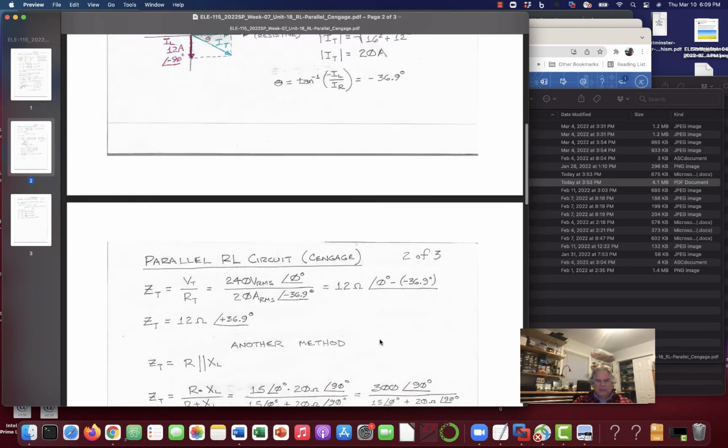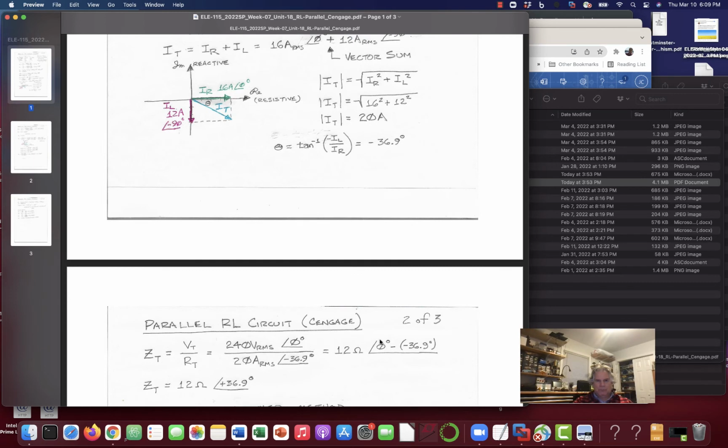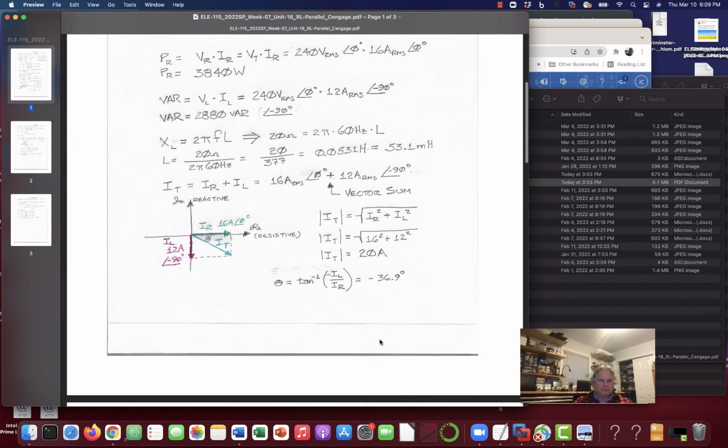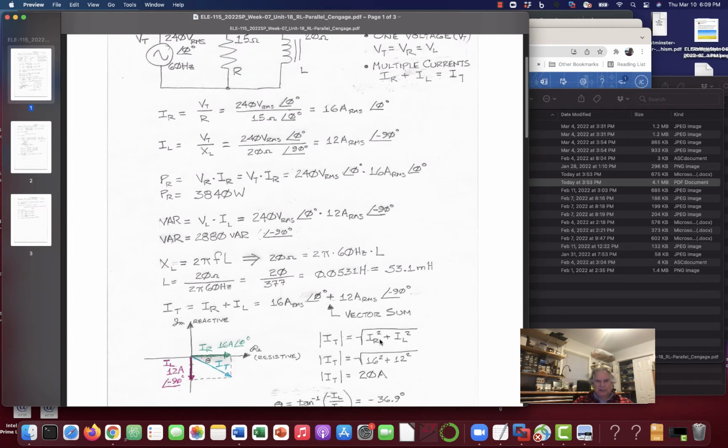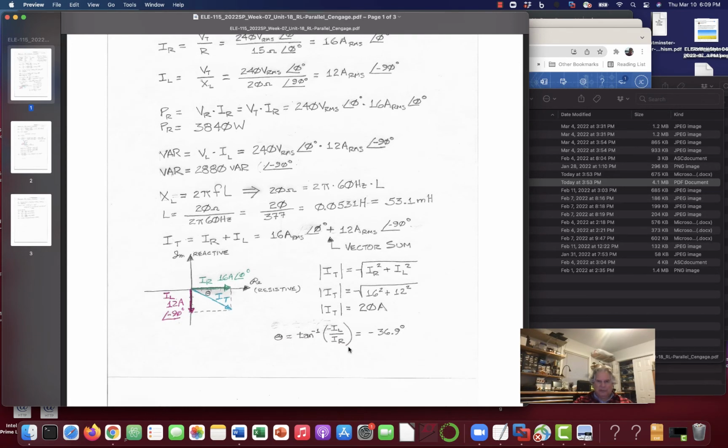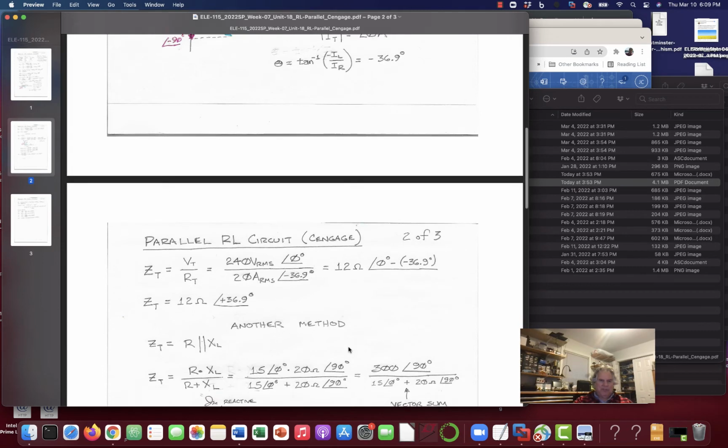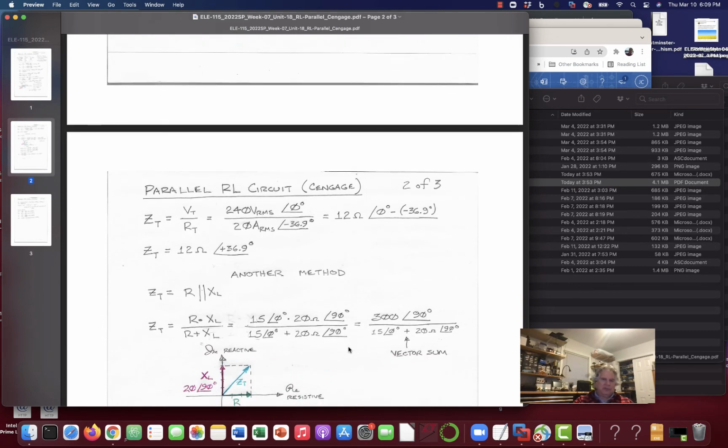So now we go down here. In a parallel circuit, we had to take a vector sum of those two currents to get the total current. And now we come down here and we look at a typo right here. This should actually be ZT equals VT over IT.